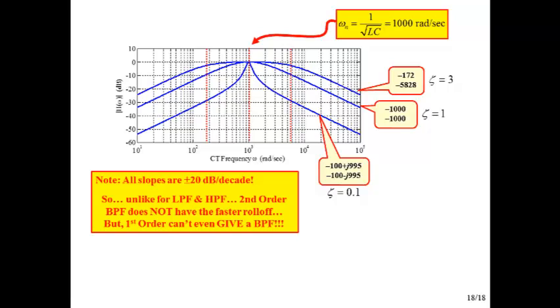And now we get something that's kind of interesting here. The center of the activity here is at 1 over square root of LC. So my natural frequency is 1,000 radians per second for this example, and so you can see that that sets the center of my passband. And you can see that when I have a small damping ratio, I end up with a very narrow spike that passes things.